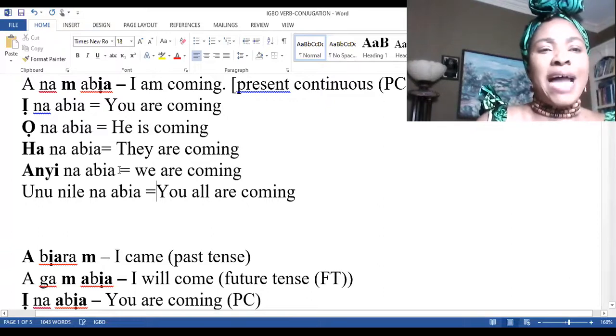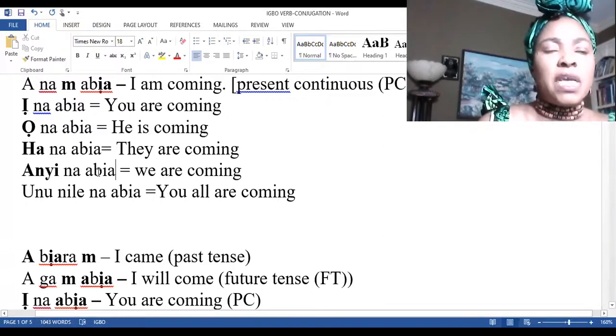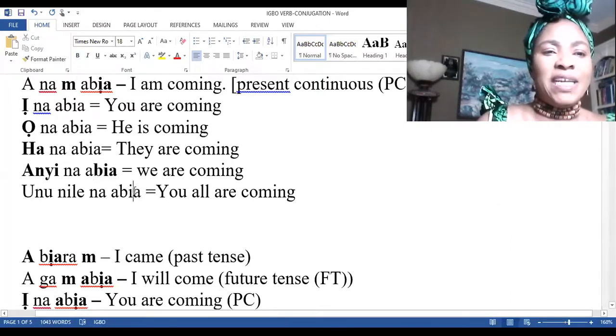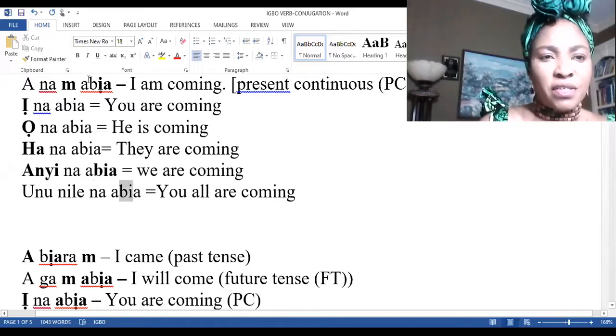Now, I'm going to highlight all the verb roots. So watch the screen. And remember, we say put a before bia when it's present continuous.